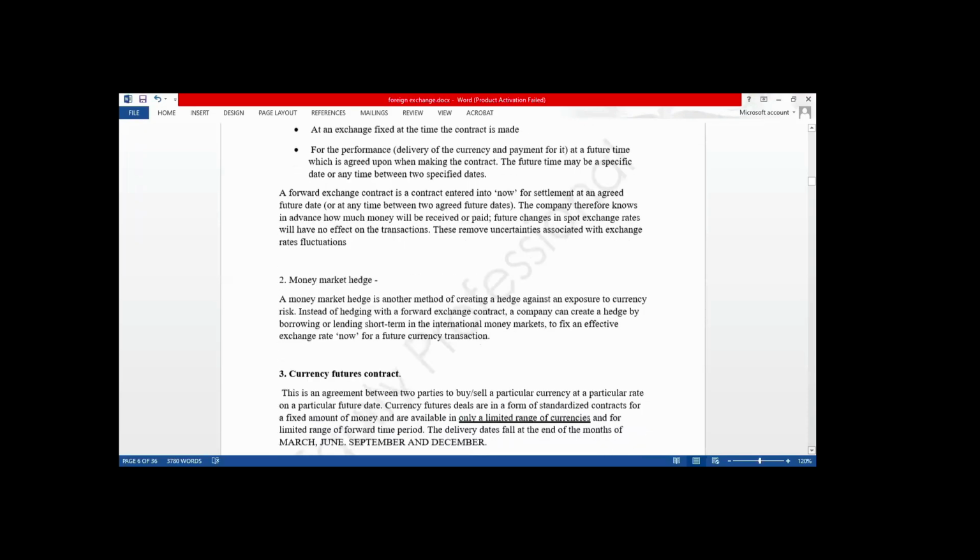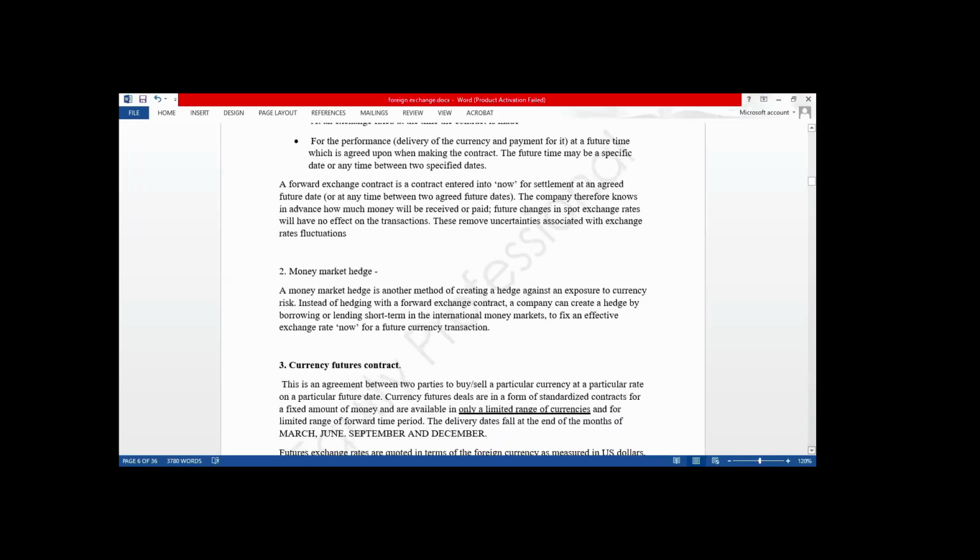Number 2, money market hedge. As an alternative to forward contracts, we can use money market hedging to hedge against currency exposure.